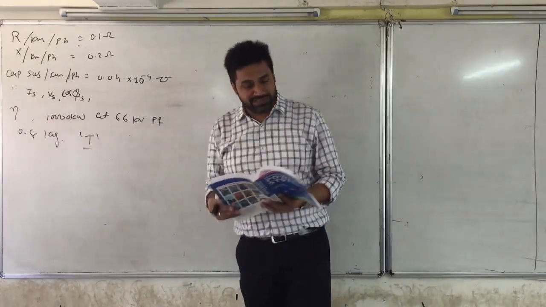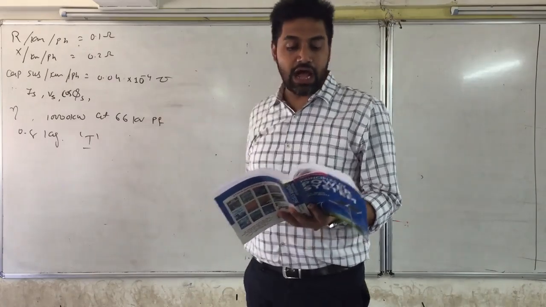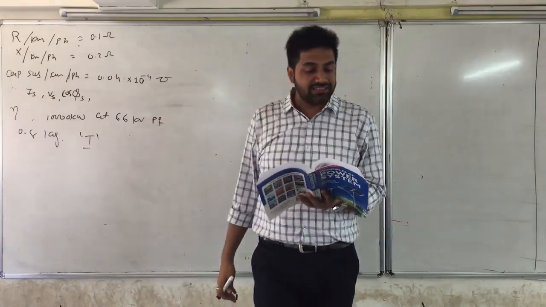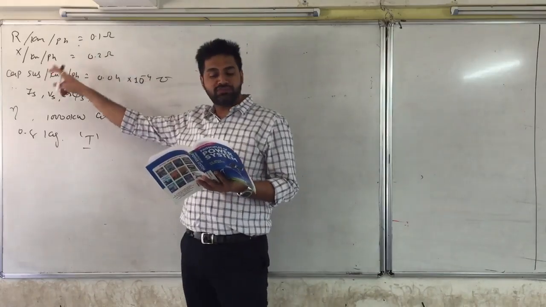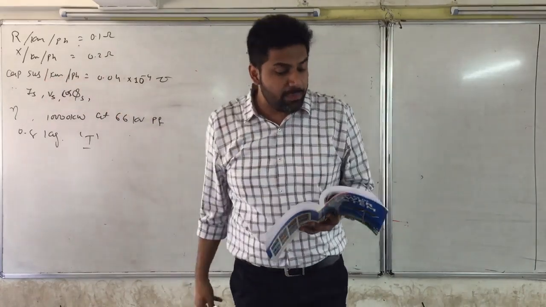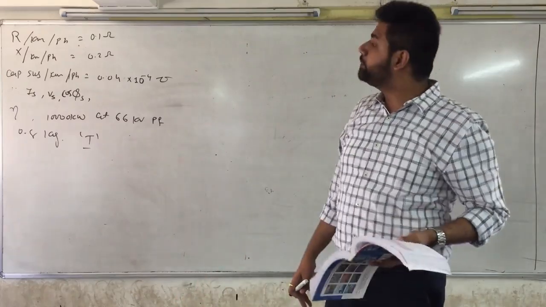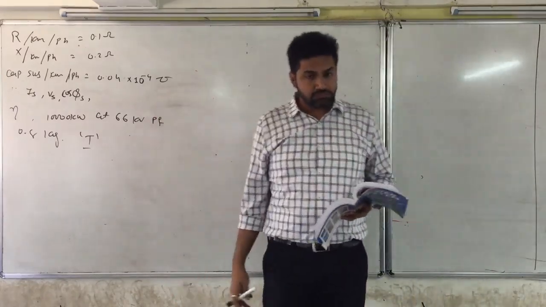The question goes this way: a three-phase 50 Hz overhead transmission line, 100 km long, has the following constants: resistance per kilometer per phase is 0.1 ohms, inductive reactance per kilometer per phase is 0.2 ohms, and capacitive susceptance per kilometer per phase is 0.04 times 10 to the power minus 4 Siemens.